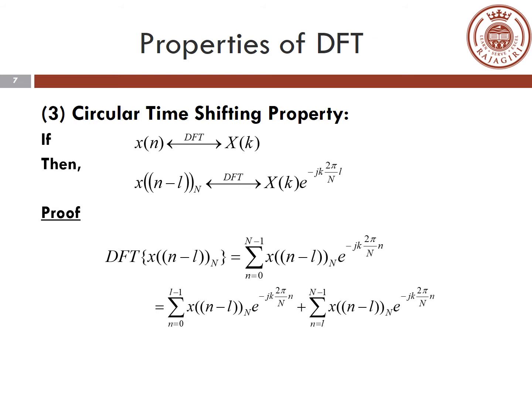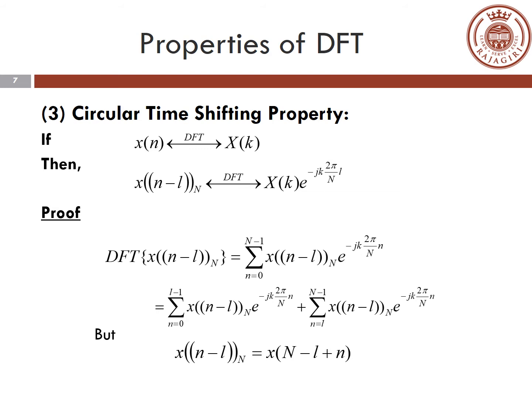Okay. Now here what we do is, we know that x of n minus L, the circular time shifting, is equal to the linear shifting by adding N. So what I mean is, you can denote x of n minus L on the circular shift like this, as a linear time shifting using this equation.